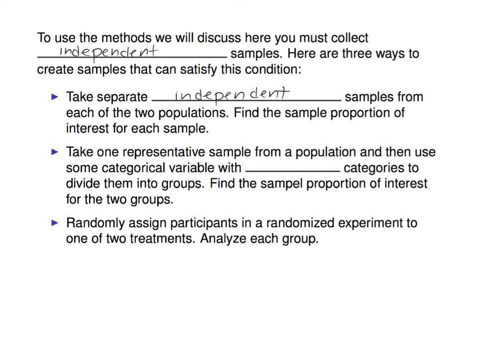You can take one representative sample from a population and then use some categorical variable with two categories to divide them into groups. So you could go along gender lines, take a sample, and then after you've collected some data on the sample, look at the men versus the women, or college graduates versus not college graduates, something like this. Or randomly assign participants in a randomized experiment to one of two treatments, and then analyze each group.